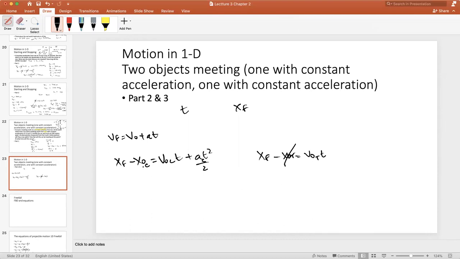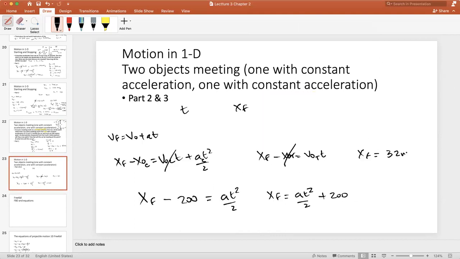So what I can do here is plug in some numbers, 200 for the car, and the car was initially at rest, so X final is equal to AT squared over 2 plus 200. But I know that X final here for the truck is equal to the truck speed of 32 meters per second times T. So this is equal to 32 times T.